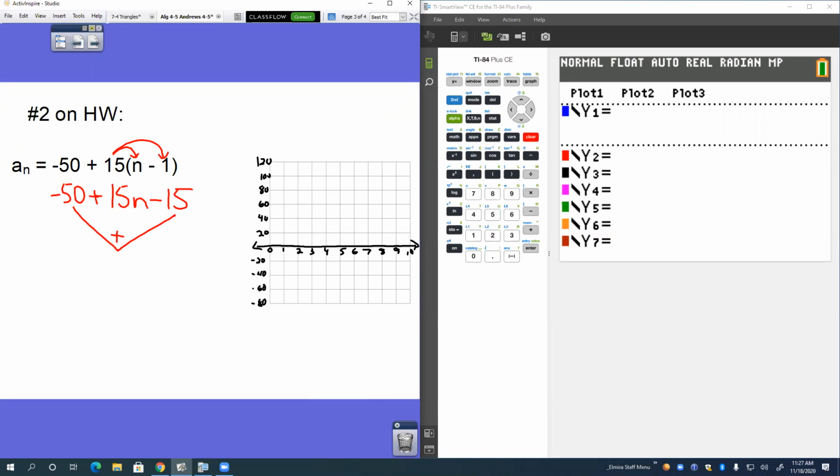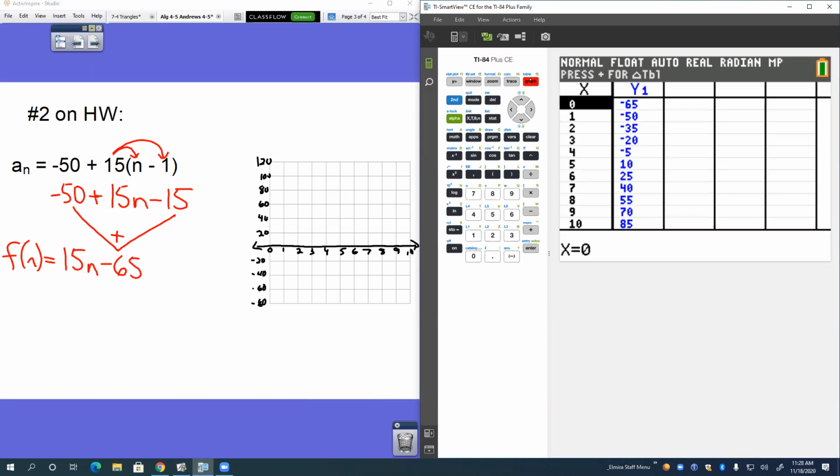It's an arithmetic sequence, so we're adding those together. -50 plus -15 is -65. Bring down your 15n and stick it in front of it. So it's really 15n minus 65. And that is in the f of n notation. So when we go to graph it, we would type in 15x minus 65.